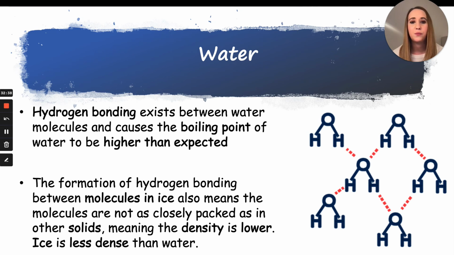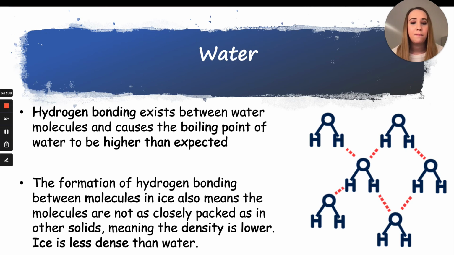Based on its bonding and structure type, based on the intermolecular forces that it contains and the strength of those forces, you should be able to explain or predict the properties of that substance, or maybe compare two different compounds based on their properties.